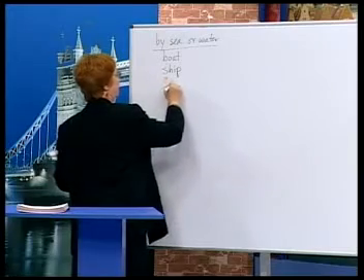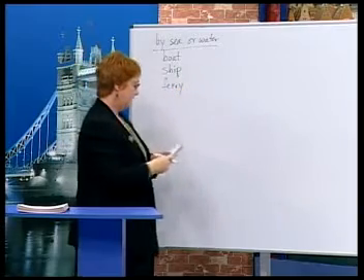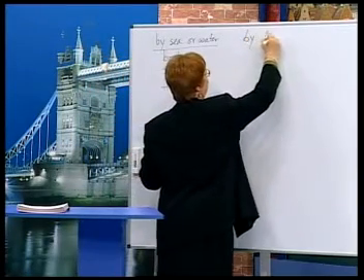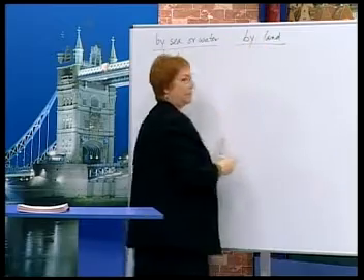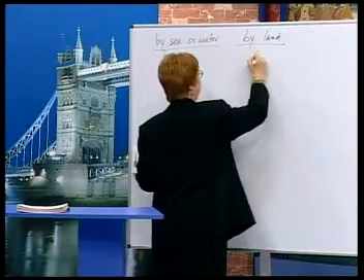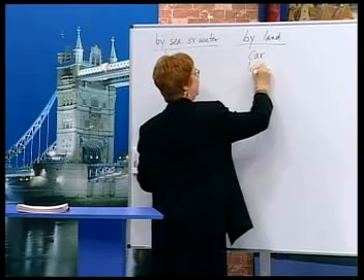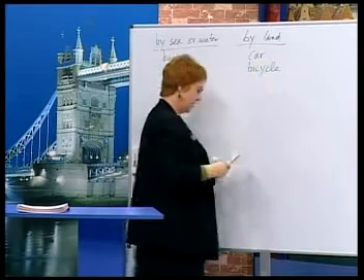Yes, good. All right. Now, how do we travel by land? Okay, Ali. We travel by land in a car. Yes, okay. Car is one. Isabel, another one? We travel by land on a bicycle. Yes. And Susan? We travel by land on a bus.